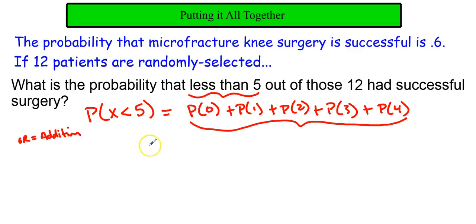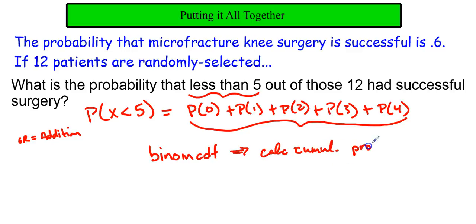But the nice thing about the calculator is it actually has a function called the binomial cumulative distribution function. And this function is going to calculate the cumulative probability, and this is the important part, from the left or from the lower values.